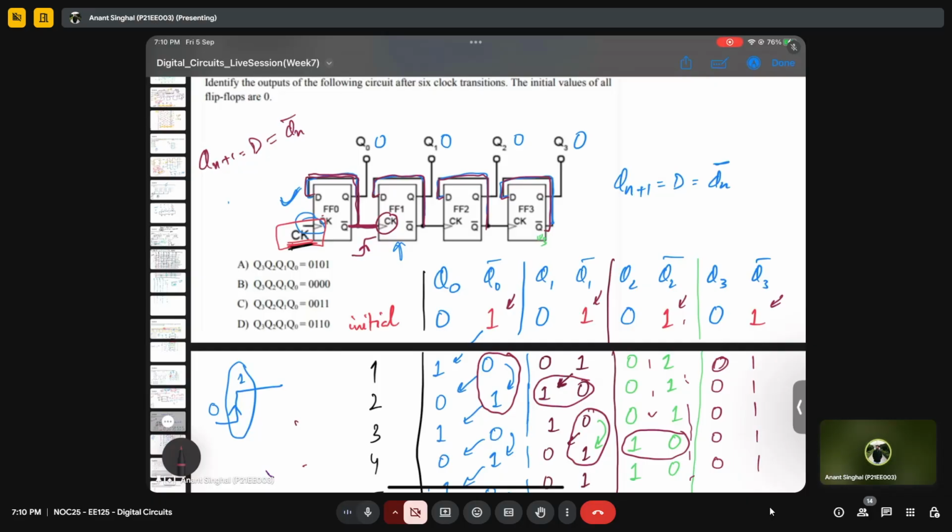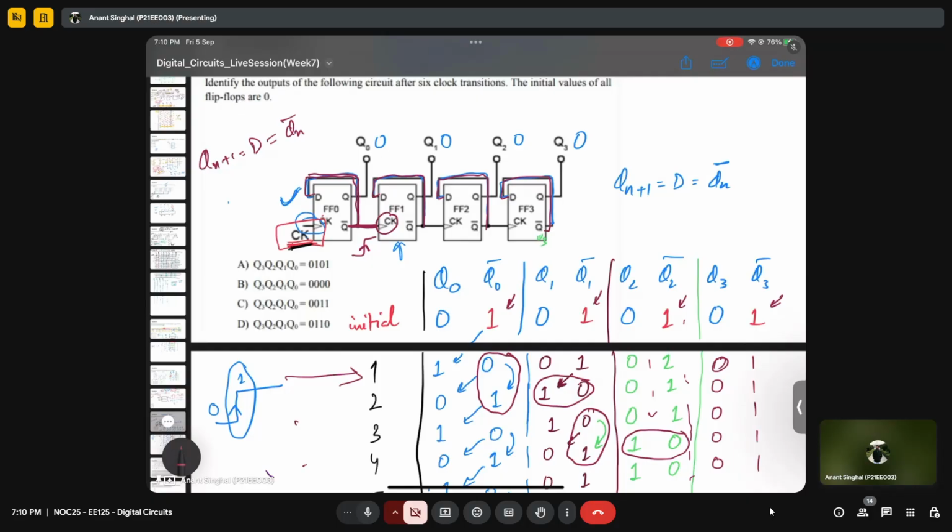Are you referring to this? No, the second state. Second state Q naught one means this row. Yeah, okay. But if I traverse through this, the clock will be one at which situation?